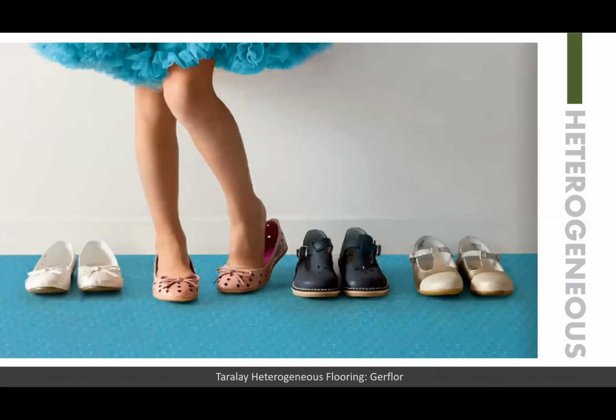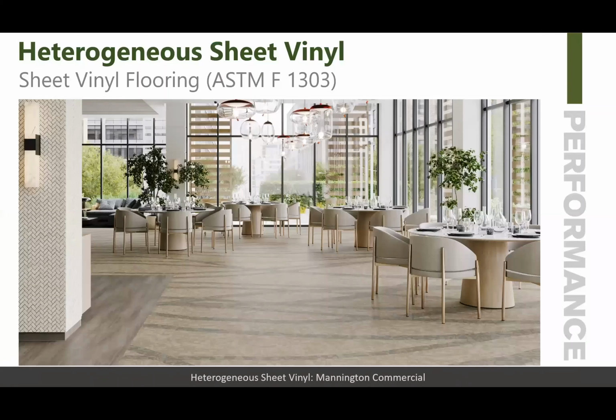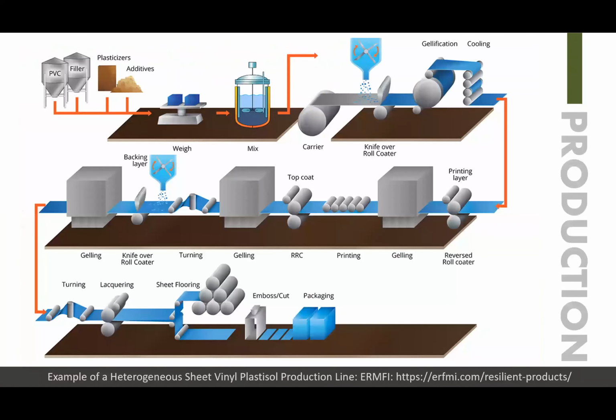So heterogeneous flooring is basically a layered process. It has a different performance standard, ASTM F1303, and it has a different type of production method. So plastisol, which is a liquid mixture of PVC, dispersion of PVC resin, plasticizers and fillers, and additives that has a consistency of a paste.